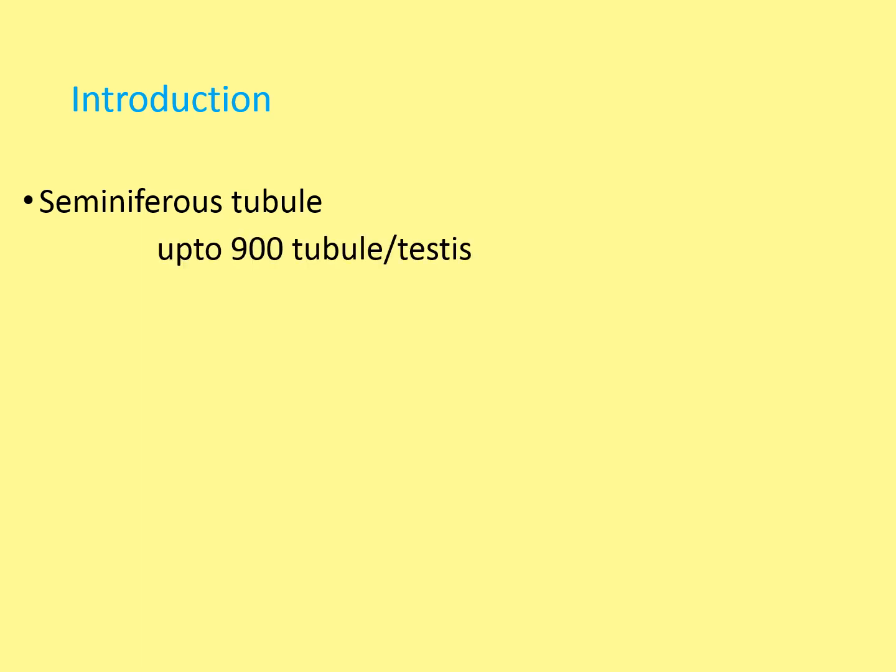90% of the weight of the adult testis is because of the seminiferous tubules. The length of this tubule is approximately 5 to 6 meters, and these tubules are open at both ends in the head of the epididymis. The testis is composed of up to 900 seminiferous tubules.